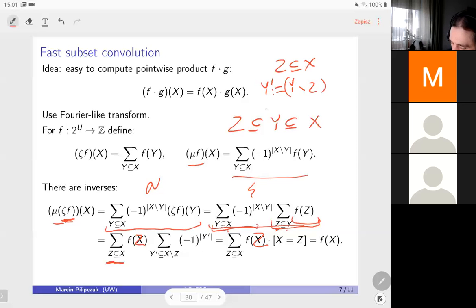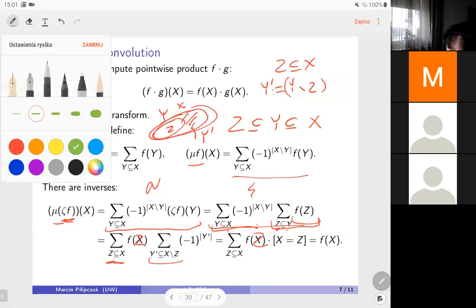There is some z inside x, and there is some y, and this part is y prime. Okay, sorry, actually the y prime is this one, my bad.